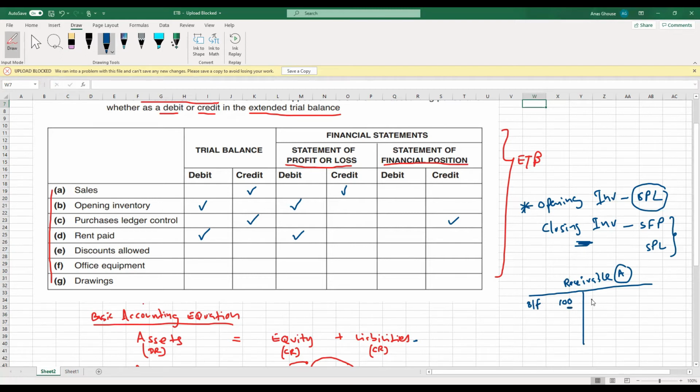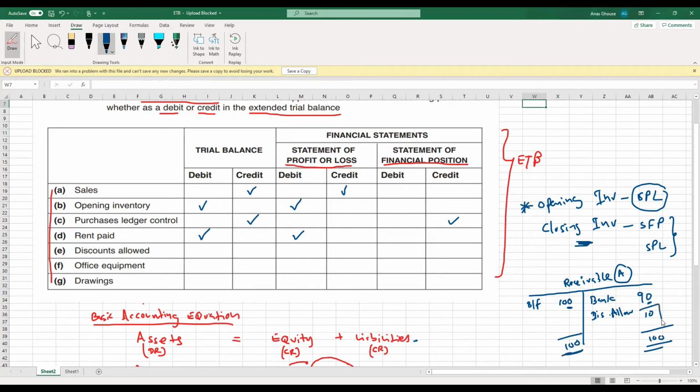So what you will do, you will debit the bank account and you credit the receivable account. And the remaining is considered as, let's say, discount allowed. We are allowing the customer a discount of 10, so that the receivable balance will be 0 now.